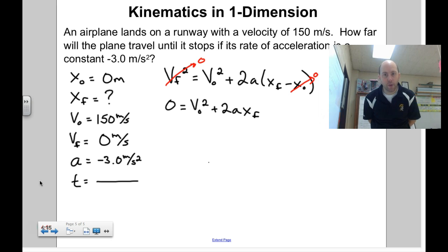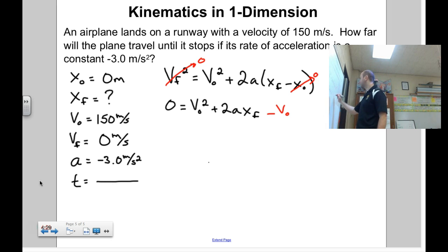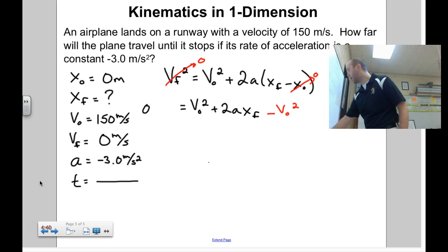Now the goal is to manipulate this equation to get xf by itself, because that's what I'm looking for. To do that, I'm going to subtract v naught squared from both sides. On this side, 0 minus v naught squared. That will cancel out the v naught squareds.